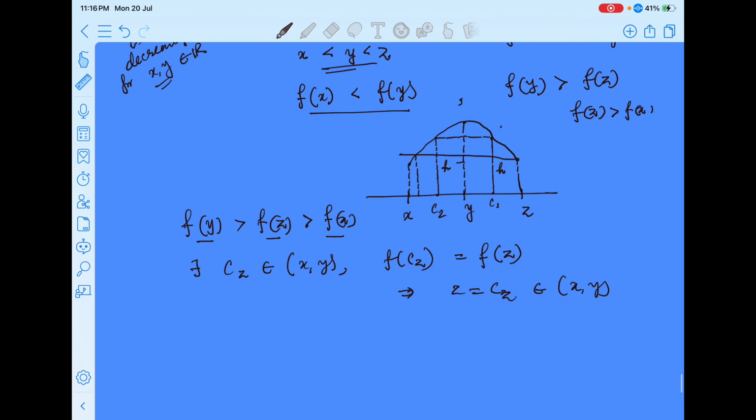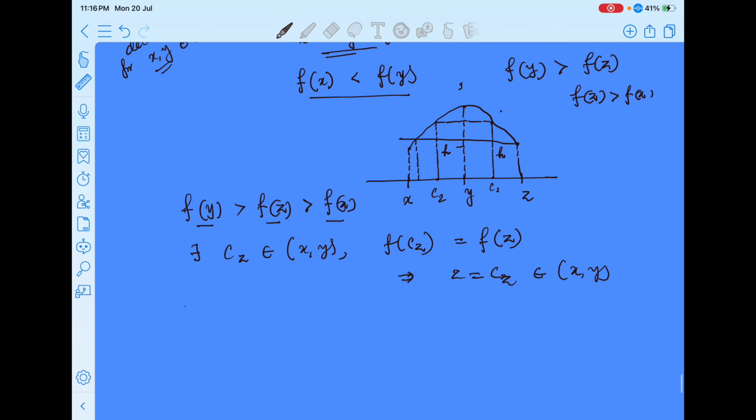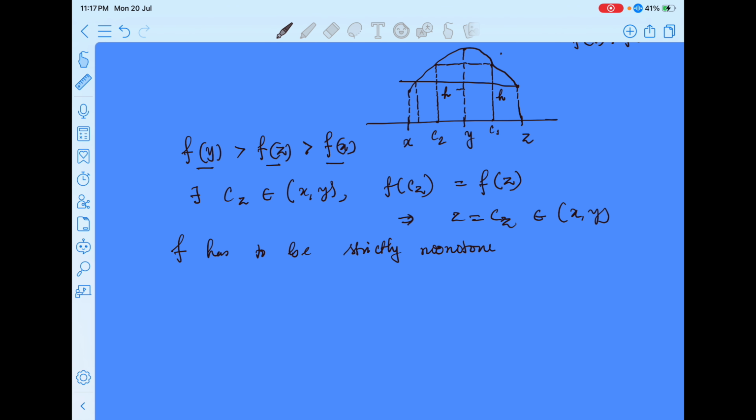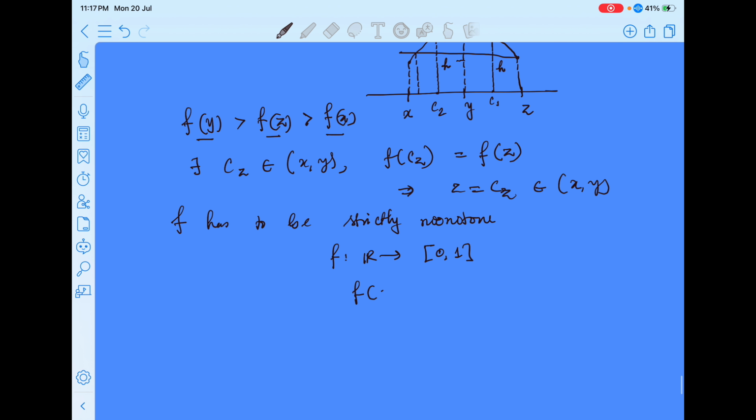Okay, so f has to be strictly monotone, right? So let's say f is monotone increasing, then from [0,1] to [0,1] you have a c such that f(c) = 1.